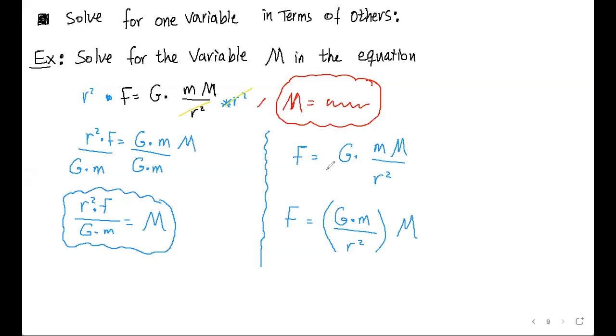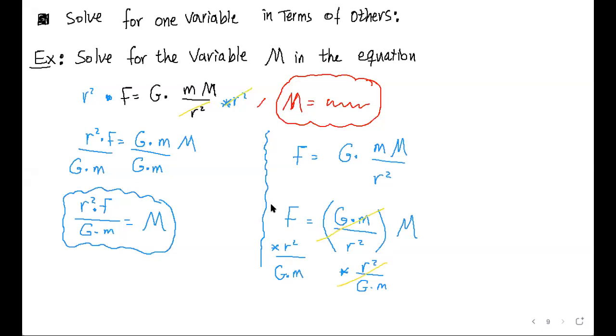So multiplying both sides by r squared over G times small m, this one by this one is cancelled, because this is the reciprocal.